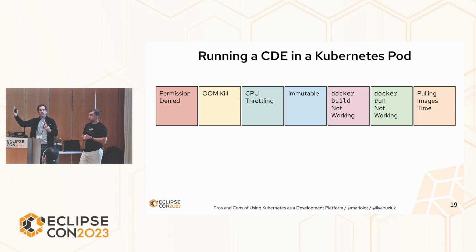Same thing for CPU. CPU is different because, yeah, it would be too easy if they had the same reaction to using too much CPU as to using too much memory. No, different things. If you're using too much CPU, your process gets throttled.